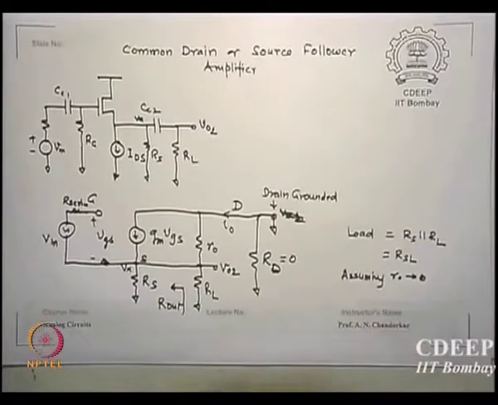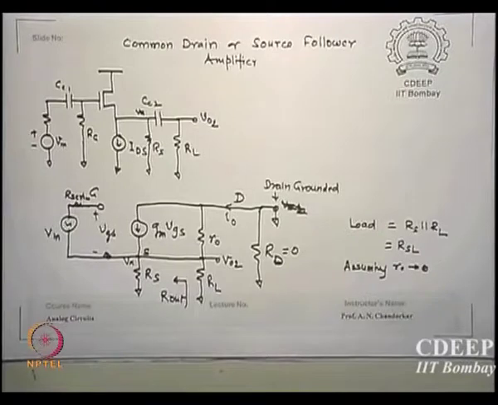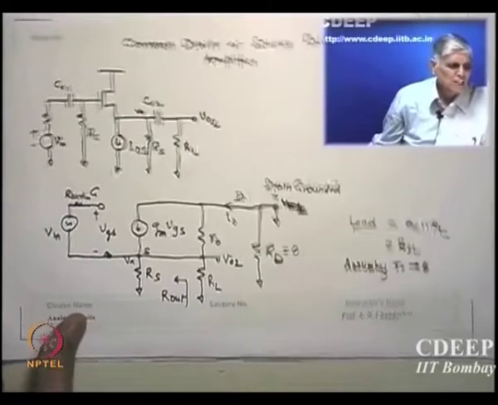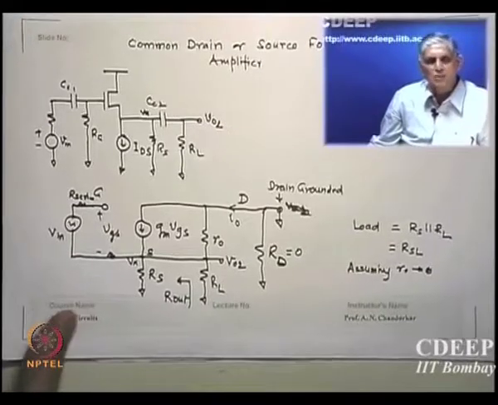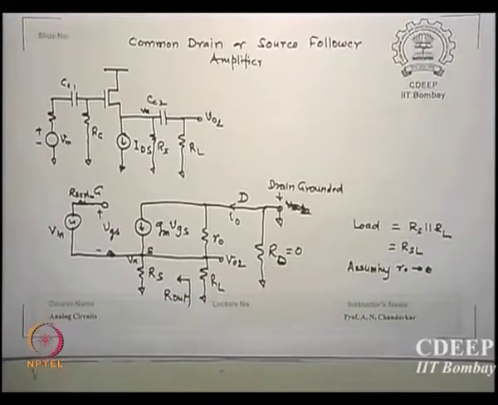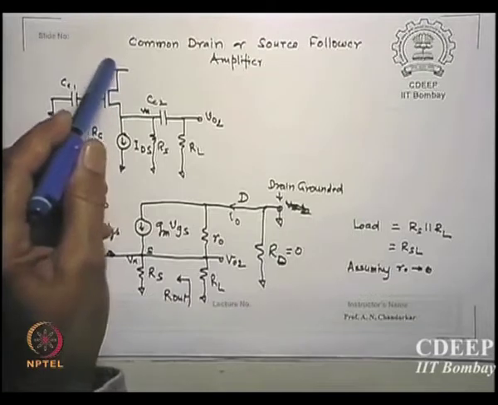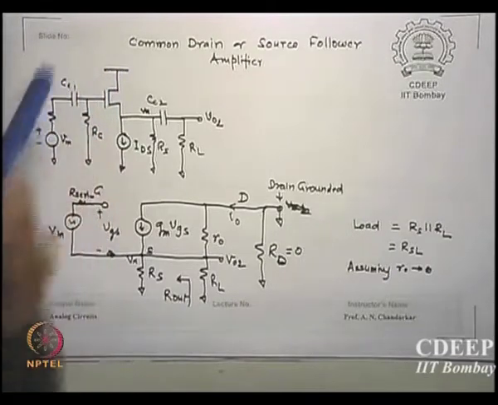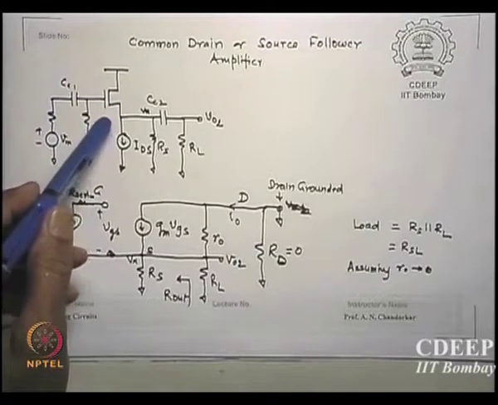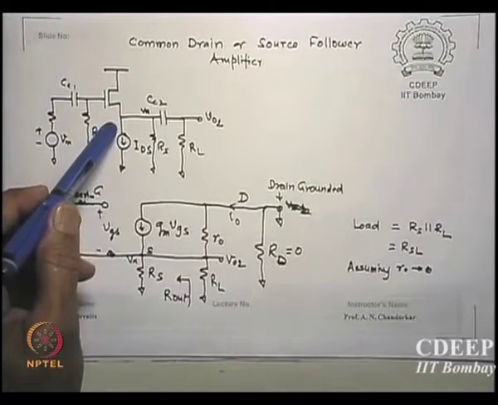Then we also did something about the common drain or source follower. Essentially the difference between the last one and this is that there is no drain resistance. RD is 0 in this case. That is why it is common drain: the drain is going to the ground, and the output is taken at the source itself.